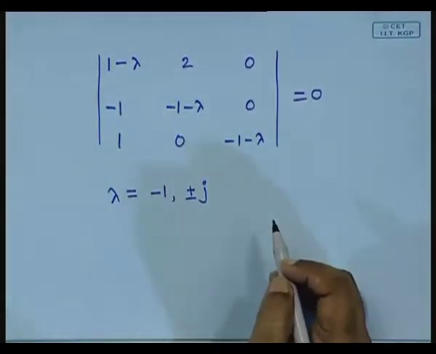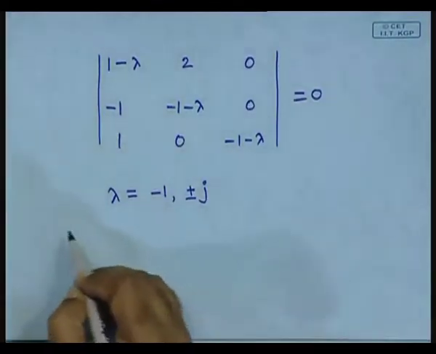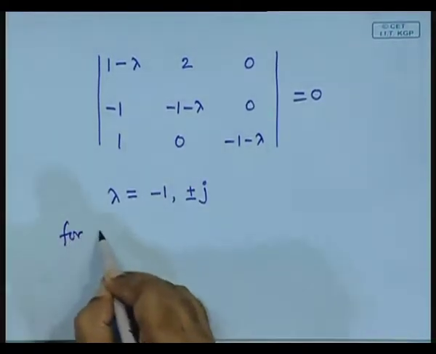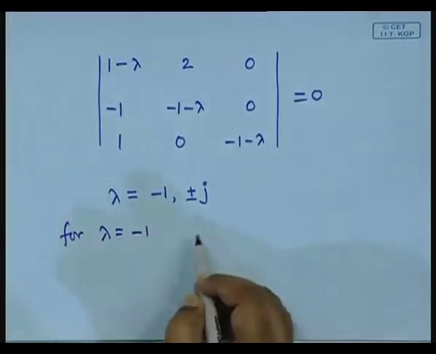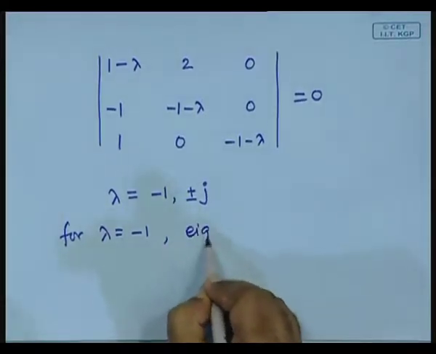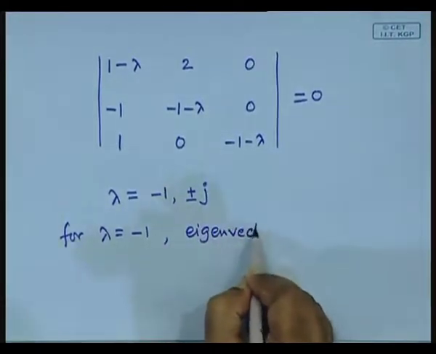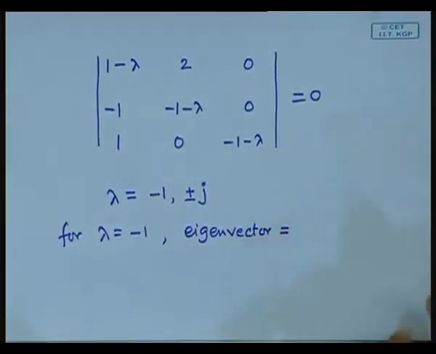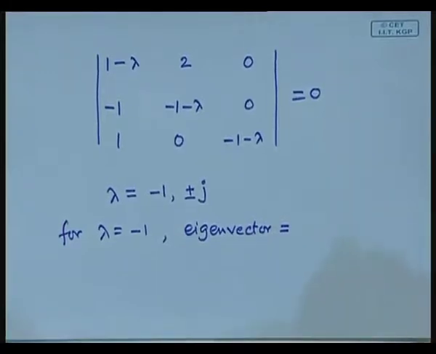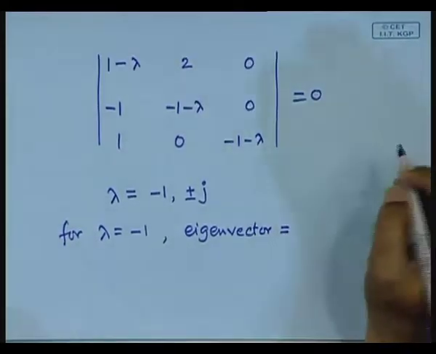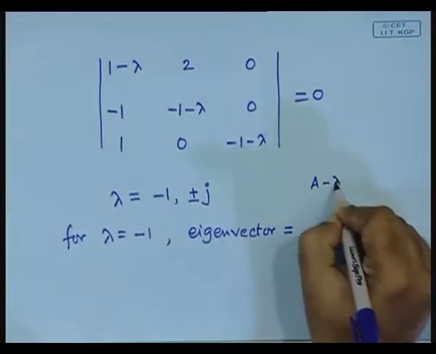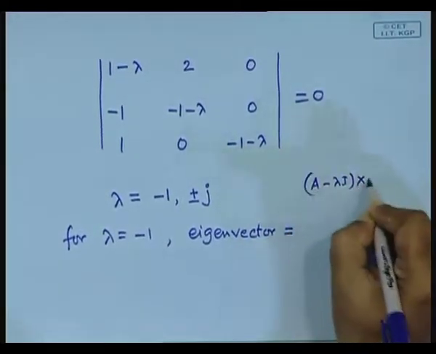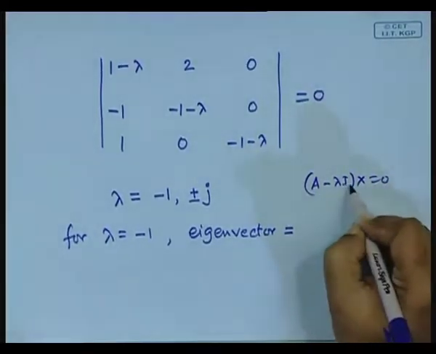First, what is the eigenvector associated with minus 1? A minus lambda I x equal to 0. From here, what are we getting?